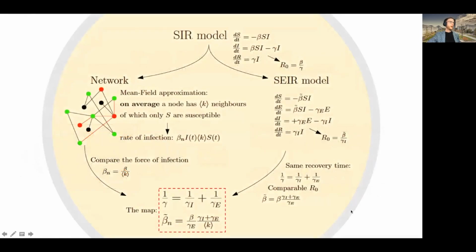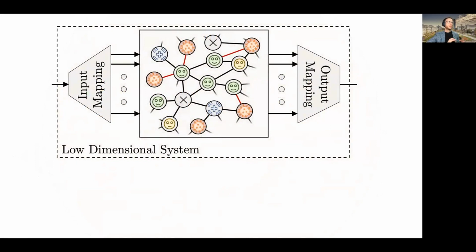You can find the details of the derivation of these two maps, and more about that, in the paper. So this very simple algebraic input and output mapping defines an interface to a low-dimensional system.